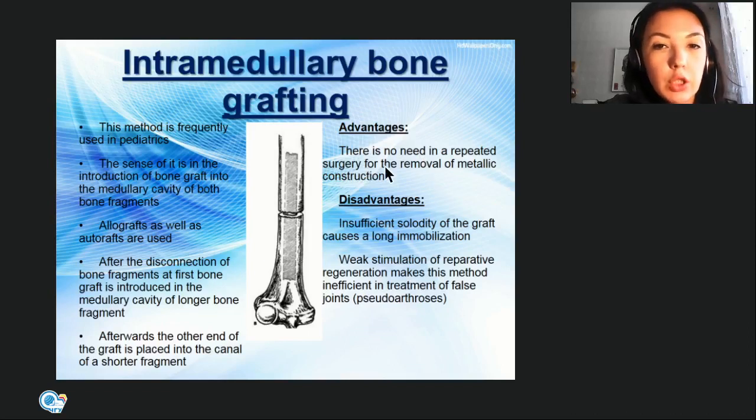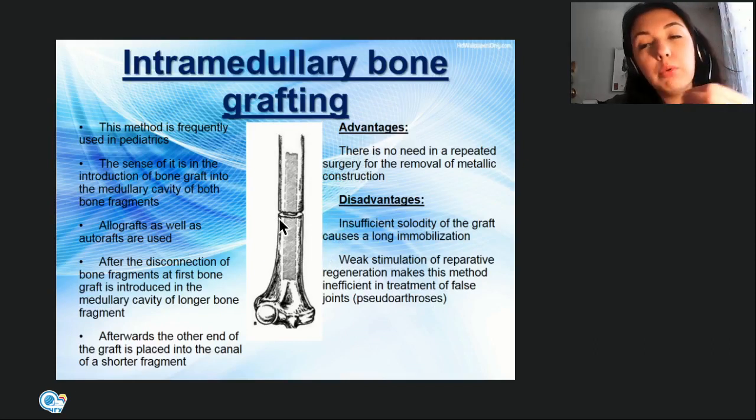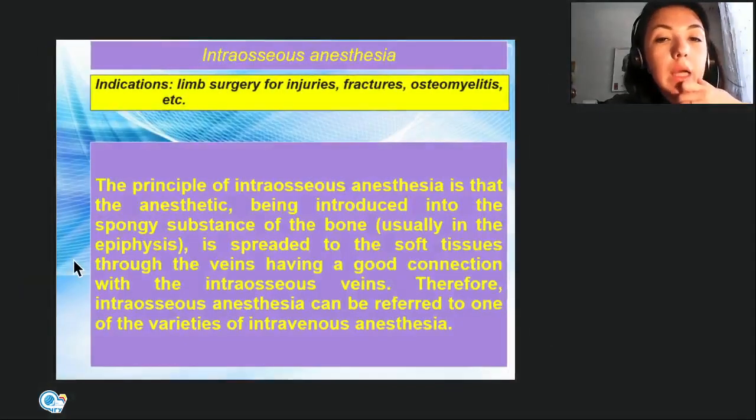The disadvantages are that insufficient solidity of the graft causes a long immobilization, and weak stimulation of reparative regeneration makes this method inefficient in treatment of false joints. In case of false joints, we will not use this method, because it doesn't stimulate reparation of the bone very much.